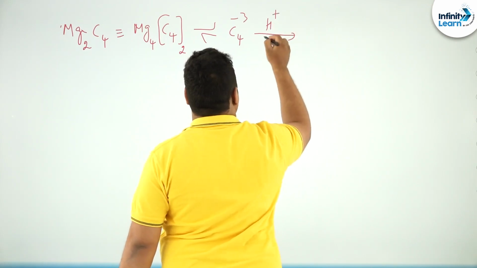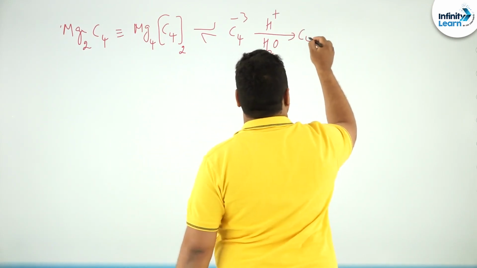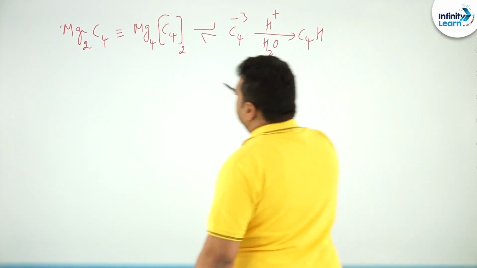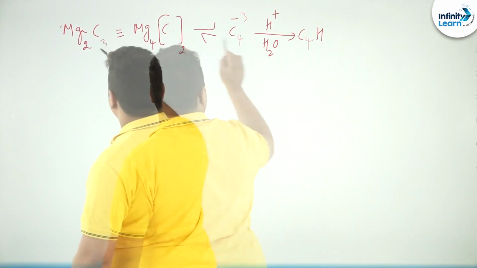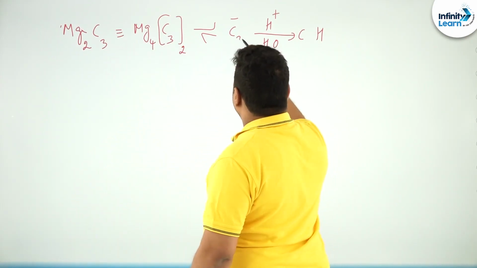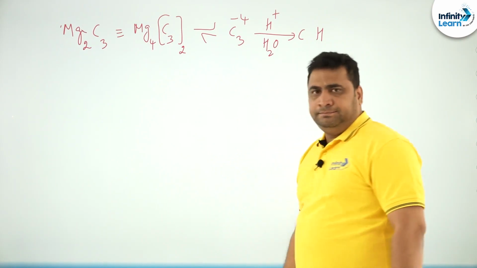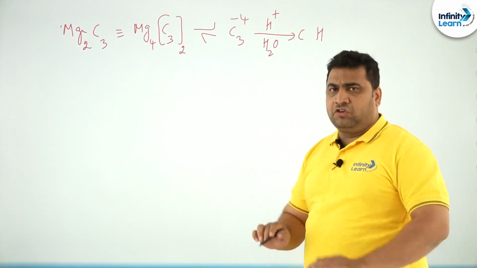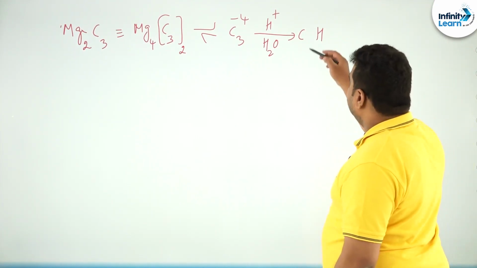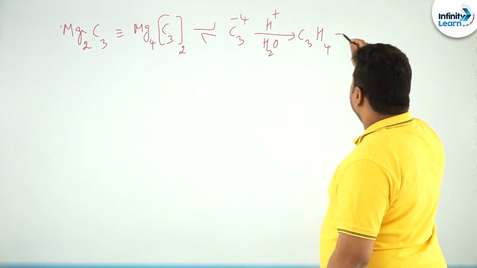This will pick up H plus ions from water and become C4. Okay, sorry, C3, it is C3 power minus 4. Now, it is okay because of the crisscross. So, dear students, this will give you C3H4, which is equal to what? Propyne.